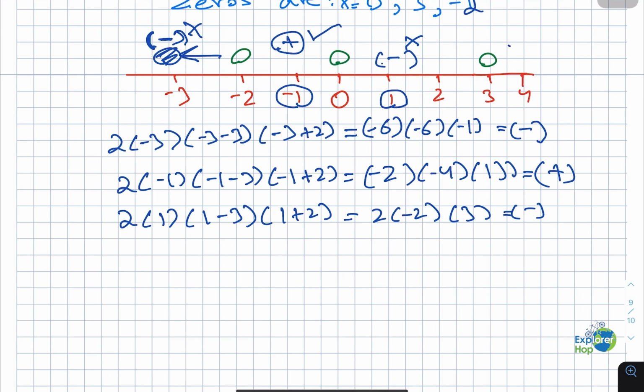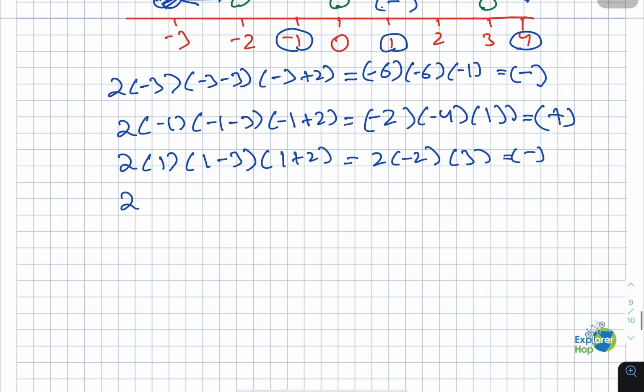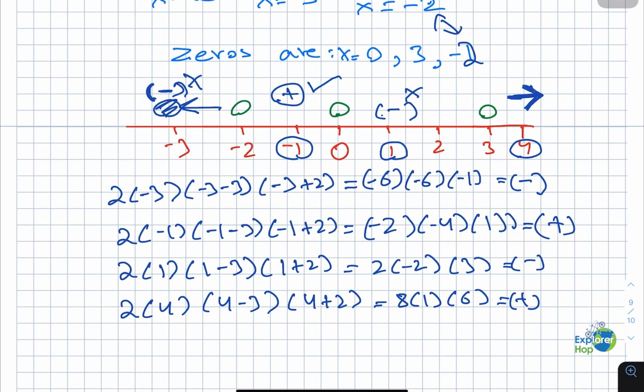Now let's see if it's less than or greater than 0 whenever x is greater than 3. So we'll take the number 4 and test it out. 2 times 4 times 4 minus 3 times 4 plus 2 gives me 8 times 1 times 6, which is a positive number. So I'll mark it positive here. This is correct as well.